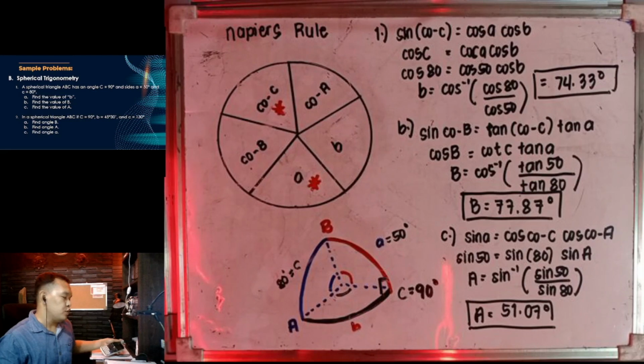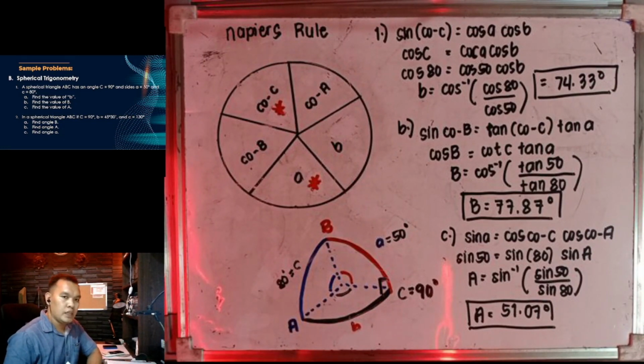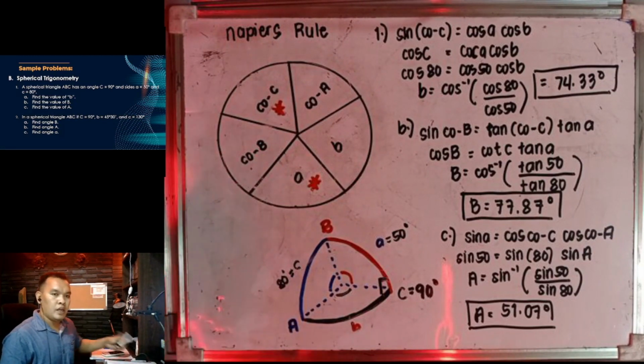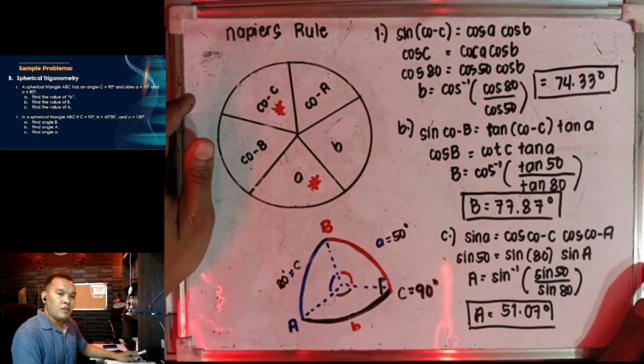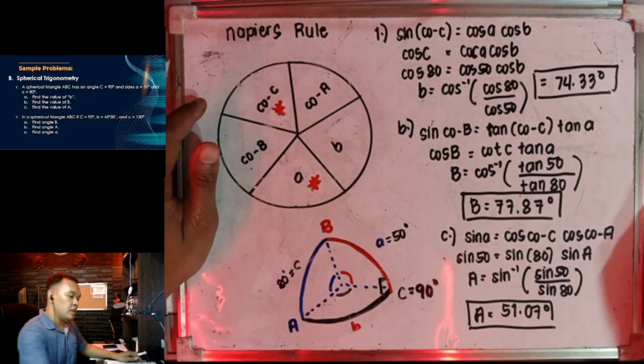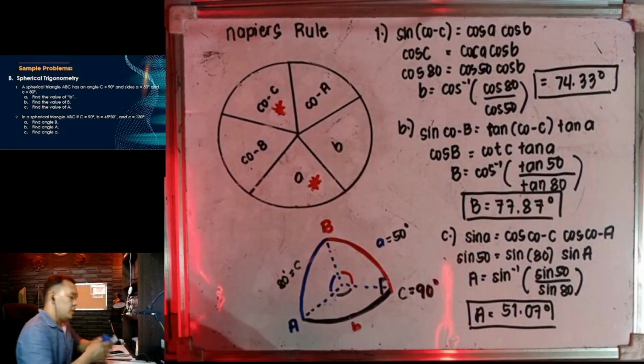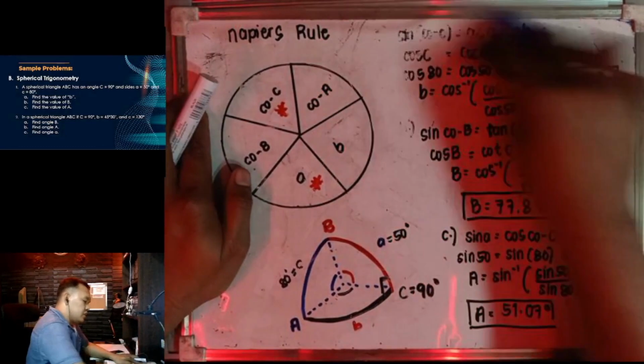Okay? So, let's proceed to problem number 2. In a spherical triangle ABC, if C is equivalent kay 90 degrees, b is equivalent kay 45 degrees and 30 minutes, and c is equivalent kay 130 degrees, find angle capital B, find angle capital A, and find side small a. Okay? So, same board pa rin tayo.